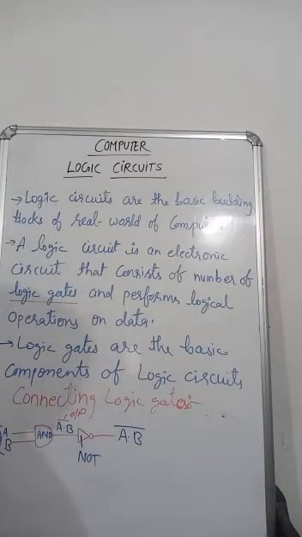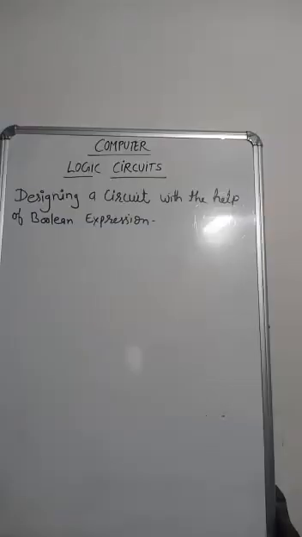Fine. Now come to the next point, designing a circuit with the help of a Boolean expression. A Boolean expression is a mathematical expression that results in a Boolean value, that is, a value of either true or false.